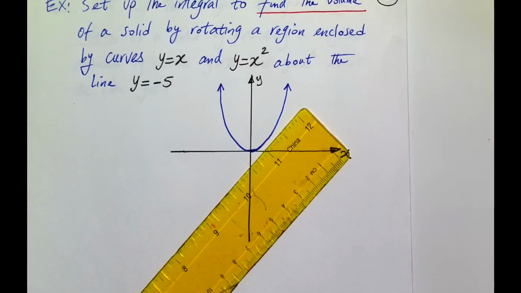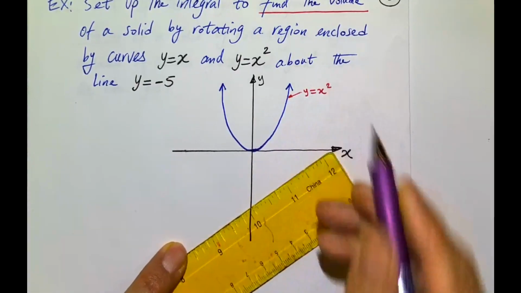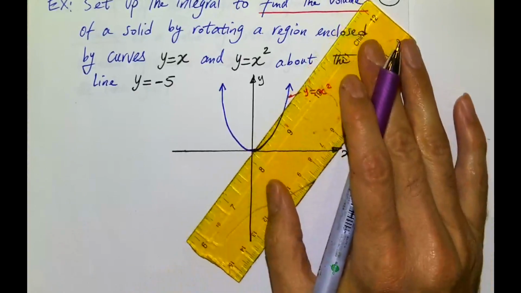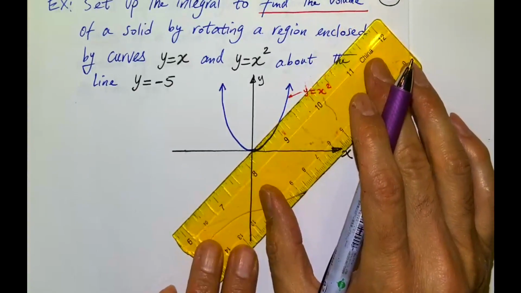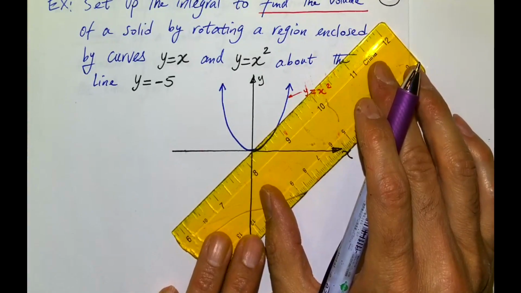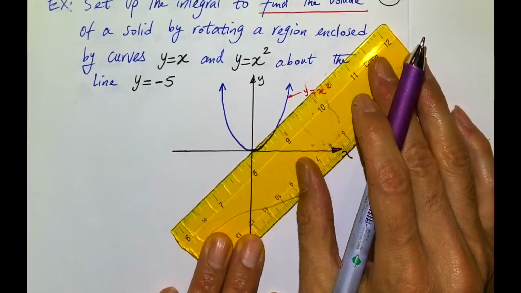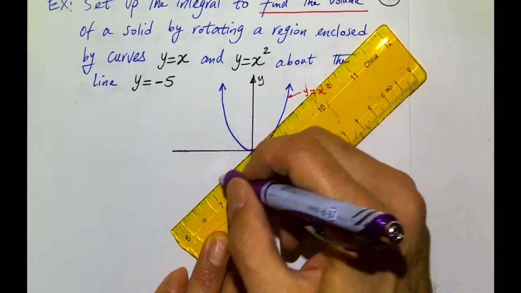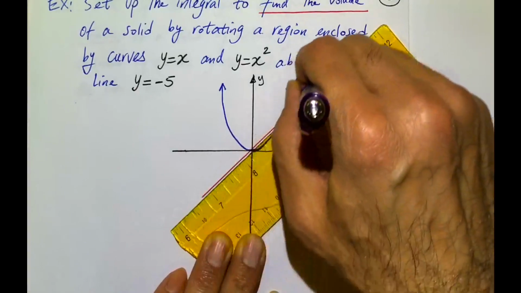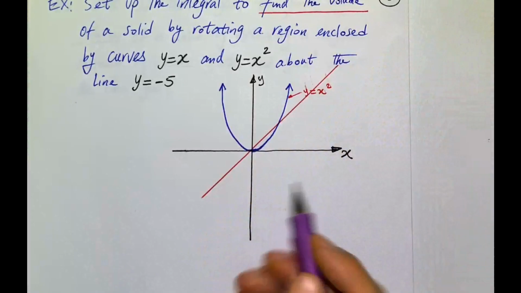And then this is our y equals x squared curve, and let me draw a straight line that is more representative of y equals x, which should bisect that first quadrant equally. Well, maybe a little bit better than the previous one.